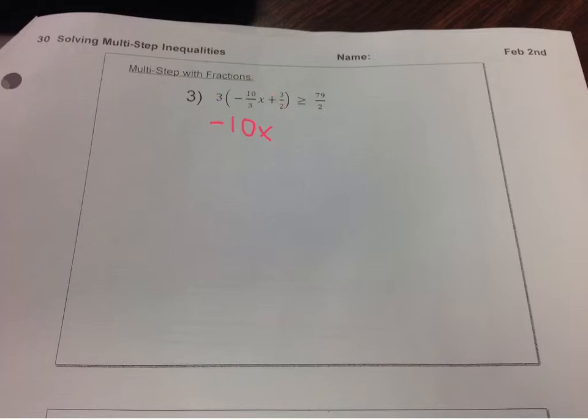I just plugged that right into my calculator. 4 1/2. And then I throw in my plus sign to separate these. I'm going to bring that down. Okay, and that's going to be greater than or equal to 79 over 2.